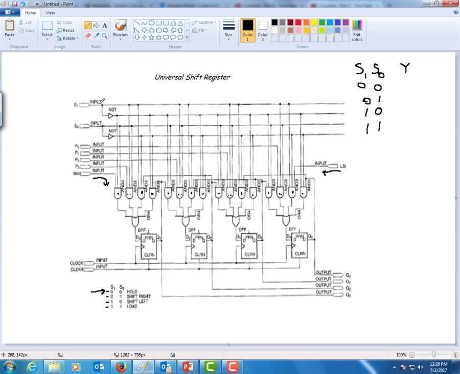So if S1 is 0, that means S1 not is a 1, which would make this line high. And S0, if this is low, that's going to make this line high, which would come in and make this input high. So both of these would be high, which means the chip would be enabled, right?